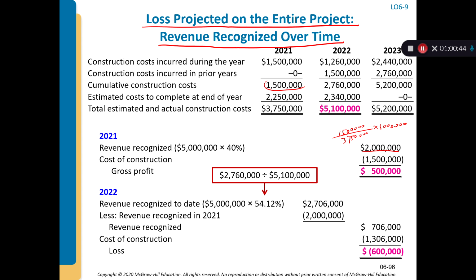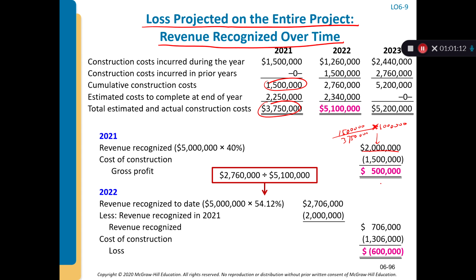The completion percentage, dividing by the total and multiplying by the construction price, which is the transaction price, gives the revenue recognized, and then you subtract the construction cost. Therefore, you have a gross profit of 500,000.